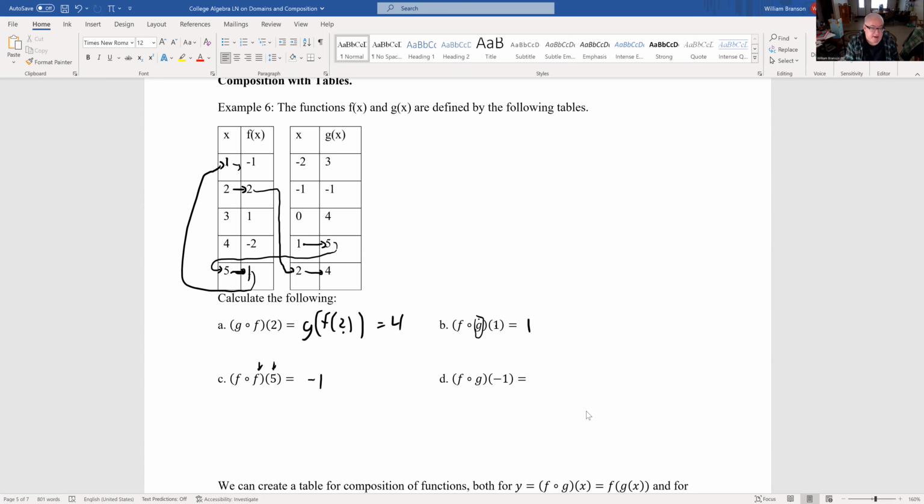F composed with g of minus 1, well, g takes minus 1 to 1 to minus 1, and then we find out that minus 1 is not one of the available options.